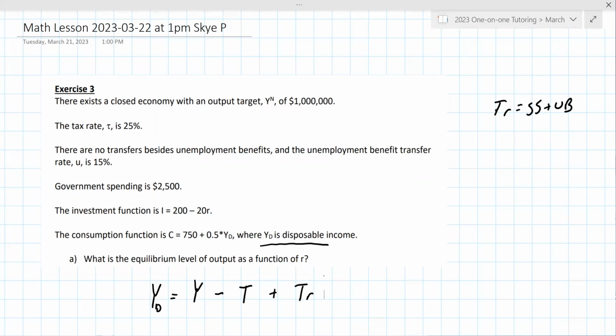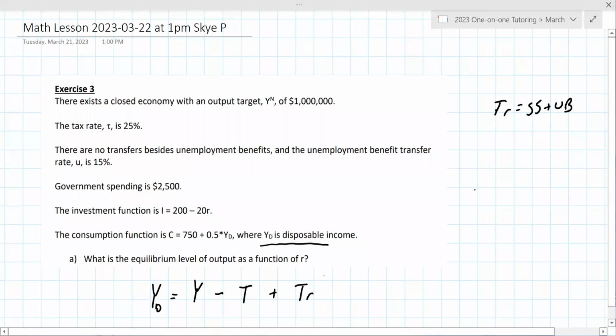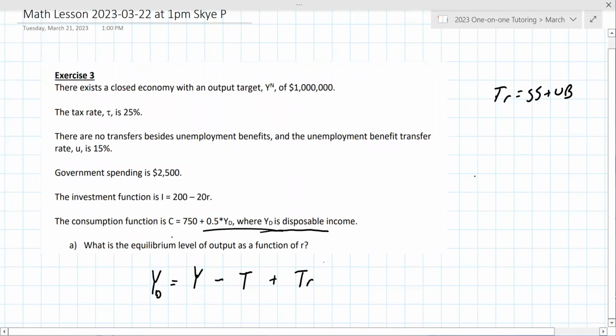Okay, but the output, let me see here. So we need to get a formula for C, and then I believe you're going to use it with I and G. So okay, actually let's back up here. This is the formula for disposable income.